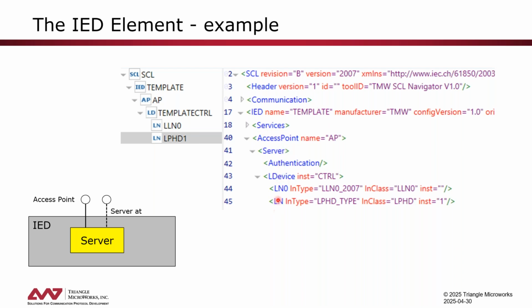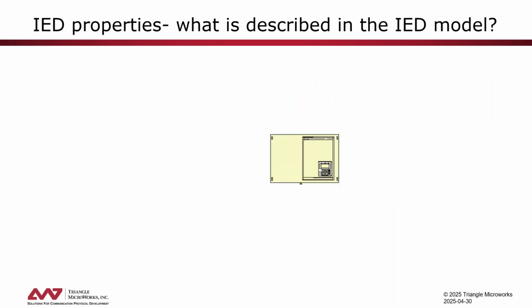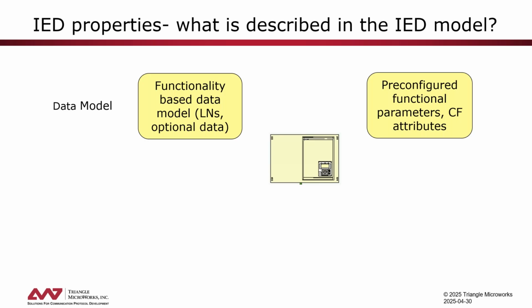And this part is really describing the data model. So if you look at an IED and the properties of the IED, what do we really need to describe for the IED in our SCL? An IED has on one side aspects of the data model. So the IED, depending on the functionality it supports, has logical nodes, has data attributes, as we have learned in the standard. Some of the data attributes, data objects are optional.